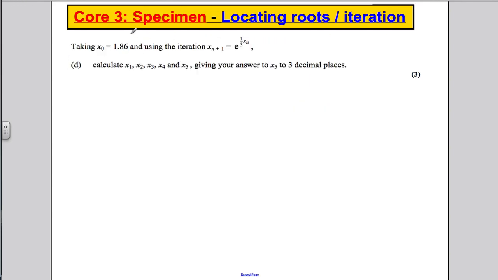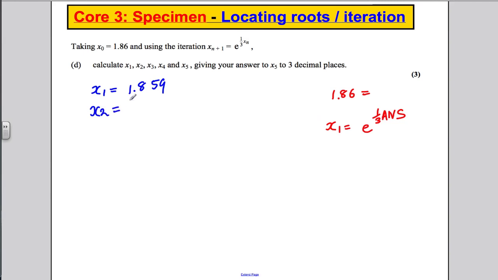Part C, taking the iteration as follows: calculate x1 to x5, giving your answers to 3dp. Type in your calculator 1.86 and equals, and then to get x1, you type in e to the power of a third ans. Just keep pressing equals to get your x1 to x5. So 1.86 equals, and then e to the power of a third ans, and for my first x, I would get 1.859.